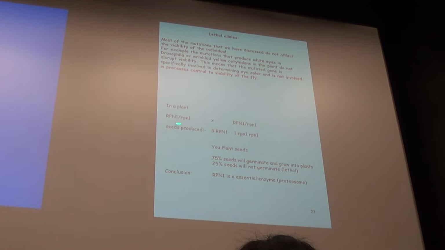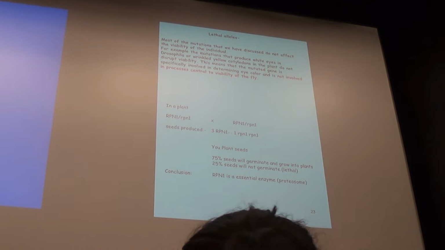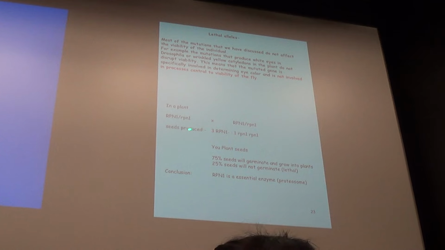So you can get a heterozygous plant that's RPN1 wild type, RPN1 mutant, cross it to a plant that's RPN1 wild type, RPN1 mutant, and you will produce seeds. 3/4 of the seeds will have the RPN1 wild type allele, and 1/4 of them will be RPN1 mutant, homozygous. You take these seeds and you plant the seeds, right?